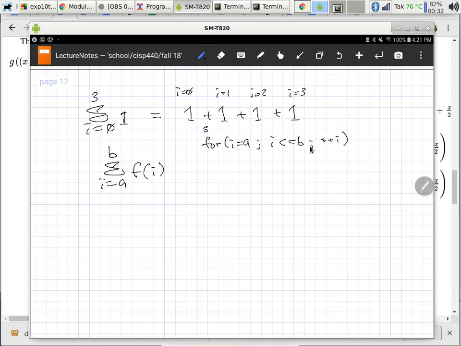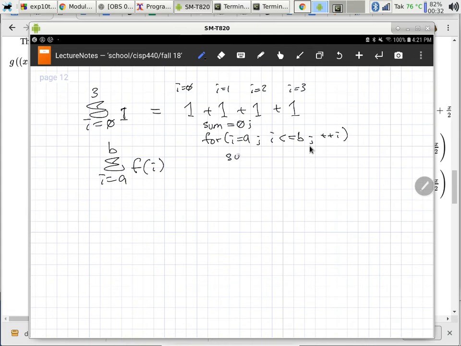We also want to initialize a sum to be 0 to begin with. So we zero the sum at the beginning. And then inside the loop, the only thing we are doing is sum plus equals f of i. That's the equivalent of what the sigma is doing. You have to basically say the result or sum is the value of this. Is that okay?